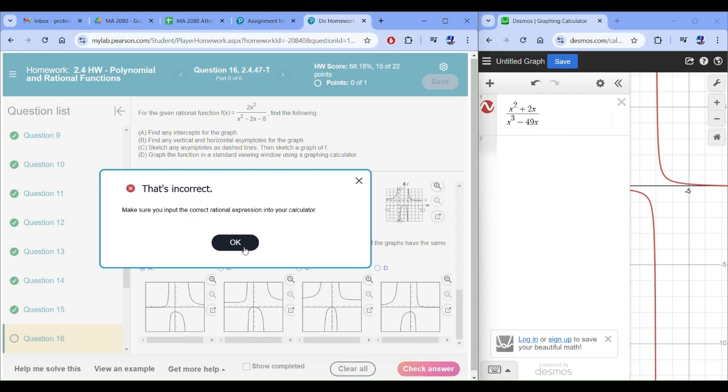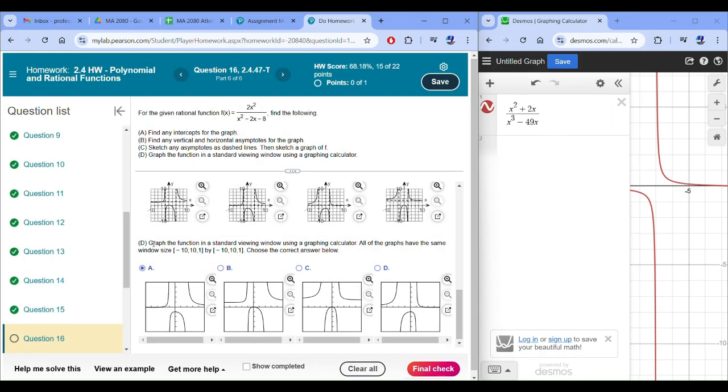Make sure you input the correct rational expression. Wait, what? Graph the function instead of viewing the window and using the graphing calculator. All the graphs have the same window size. Choose the correct answer below. How is that any different than this question up here? Is it this one? It's this one, because it's y equals 2. That was dumb of me.